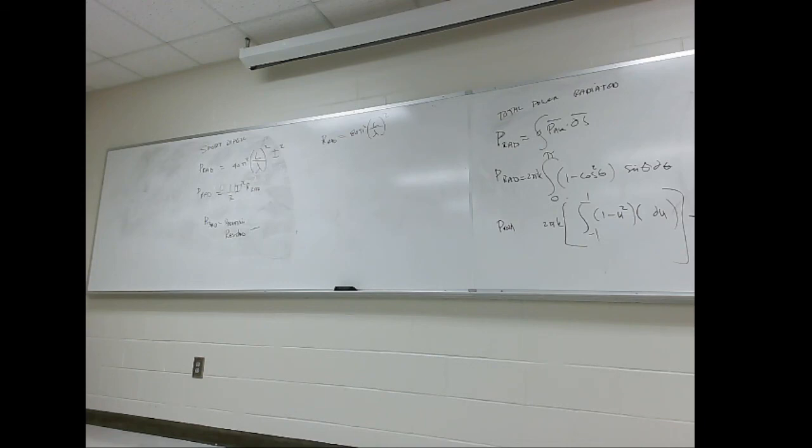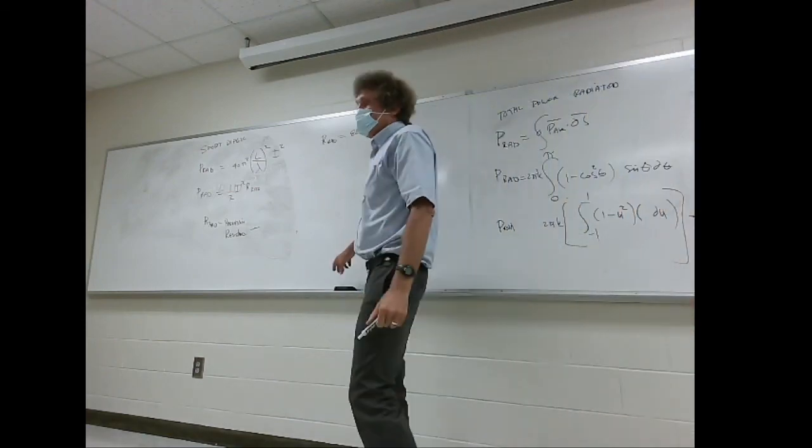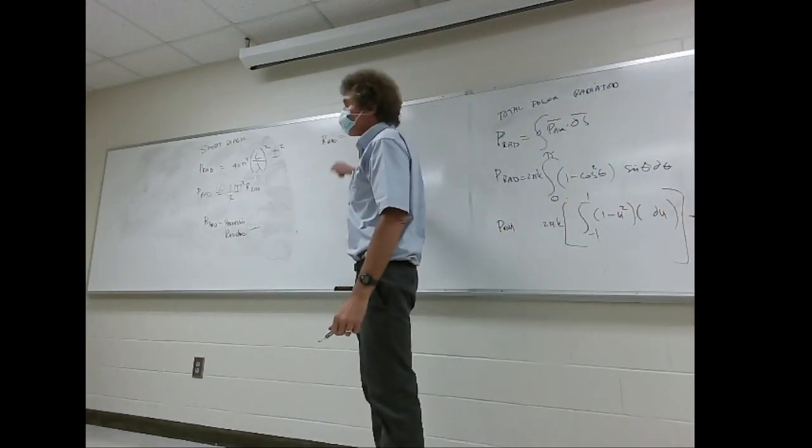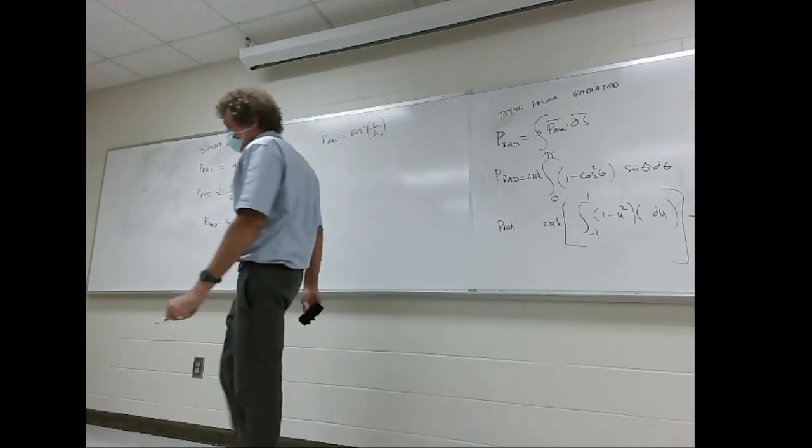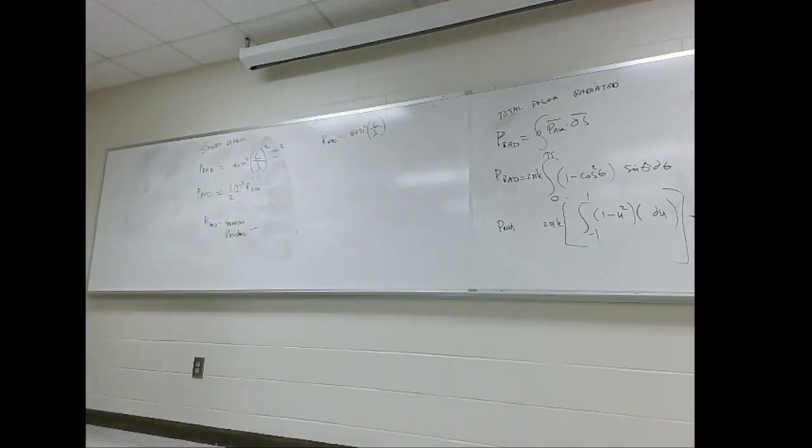Now, that said, I'm not going to have time to do my next thing, but I'll just tell you where I'm going. All this stuff came down to this being the radiation resistance, right? Next time what I'm going to do is take you through and show you how to get what Dr. Wentworth talks about, the directivity and gain of an antenna.